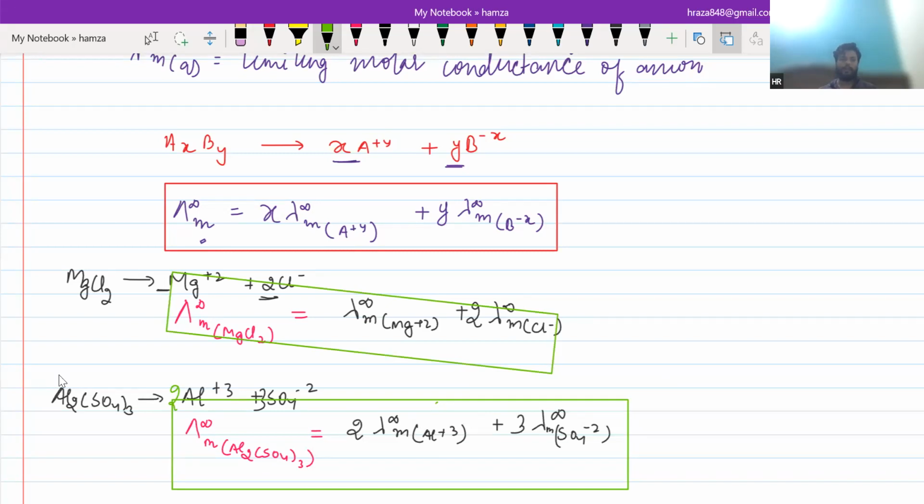So if you are going to write the same thing for lambda EQ, you know what you will get. MgCl2. You will get lambda infinity EQ of Mg plus 2, lambda infinity EQ of Cl minus.